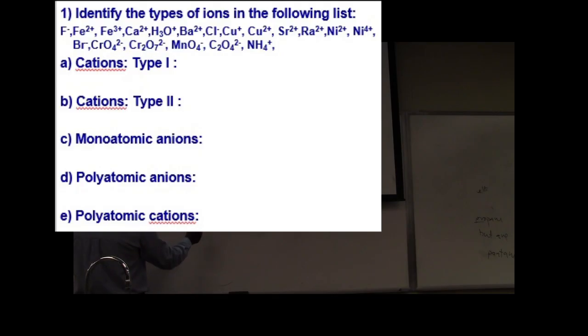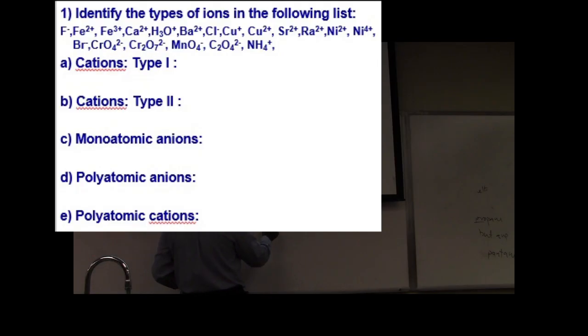Cations. Okay. I'm not going to write down hydronium ion, okay? Barium 2 plus, it is an alkaline earth metal. How about chloride? Chloride is also. I am writing down only monoatomic. Copper? No. Strontium?